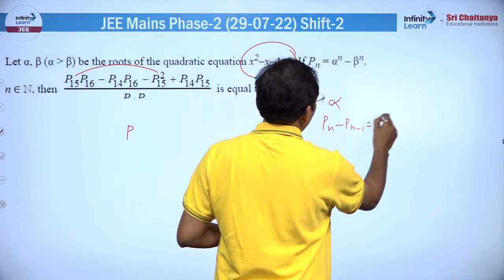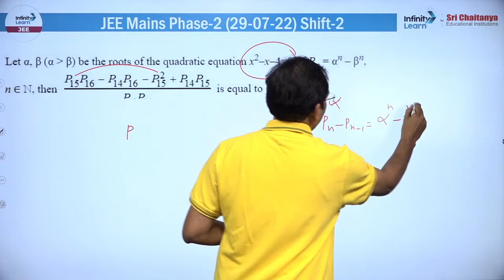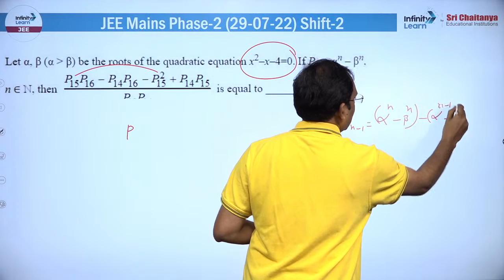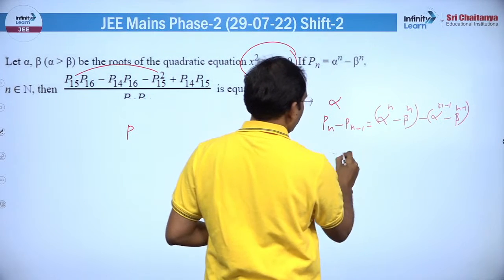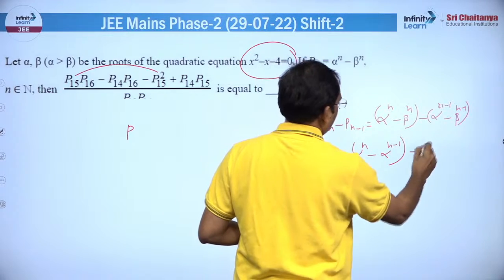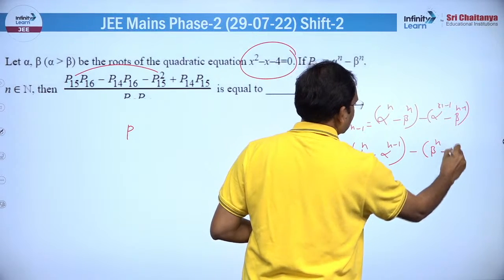So, alpha power n minus beta power n minus alpha power n minus 1 minus beta power n minus 1, which is alpha power n minus alpha power n minus 1 minus beta power n minus beta power n minus 1.